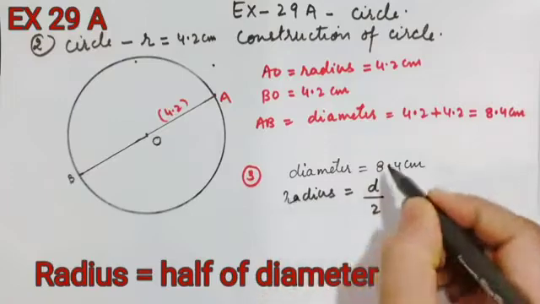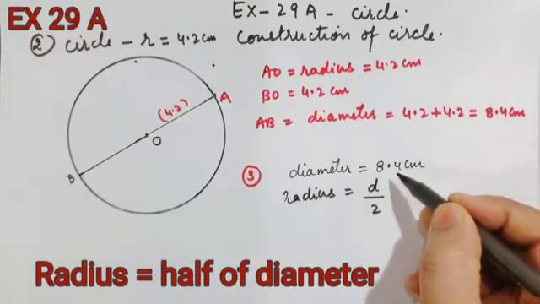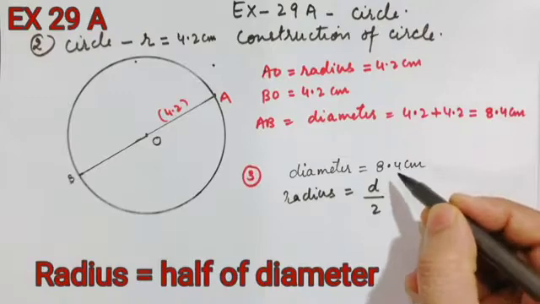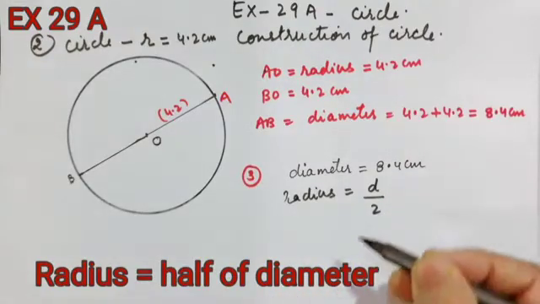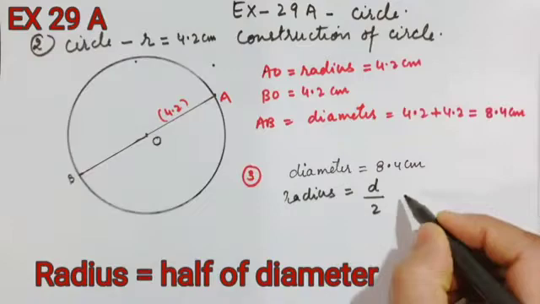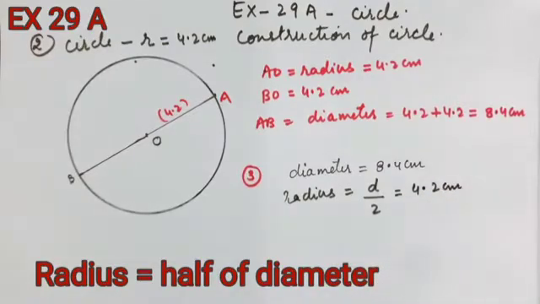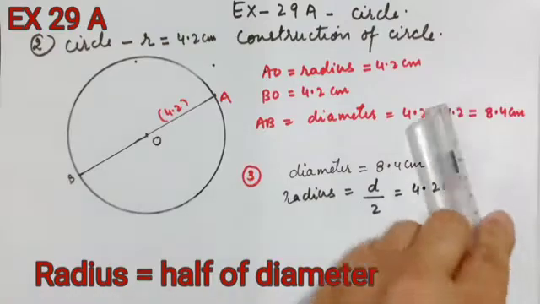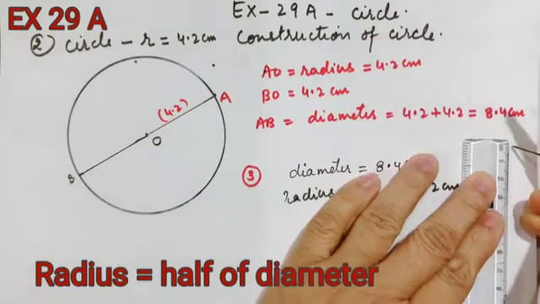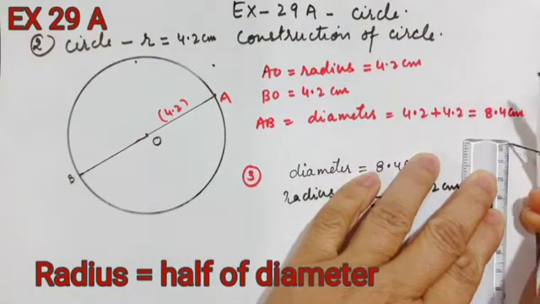So they have given you the diameter. Now a circle cannot be made from the diameter, so naturally you will have to find out the radius. Halve the diameter, which will give you 4.2 centimeter. So with 4.2 centimeter as the radius, once again we will have to go back to our measurement, where the measurement should be drawn on your sheet and not on the scale.